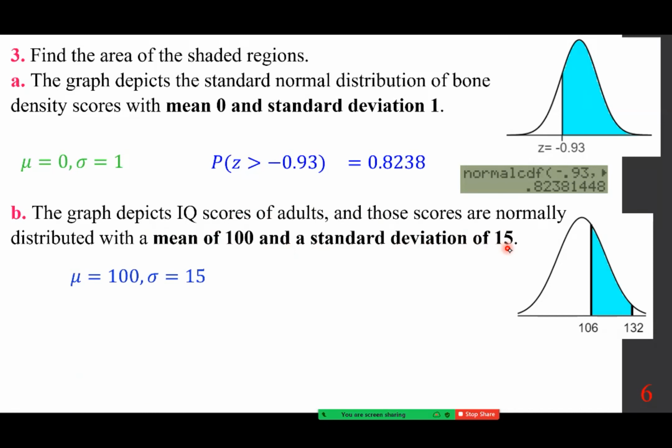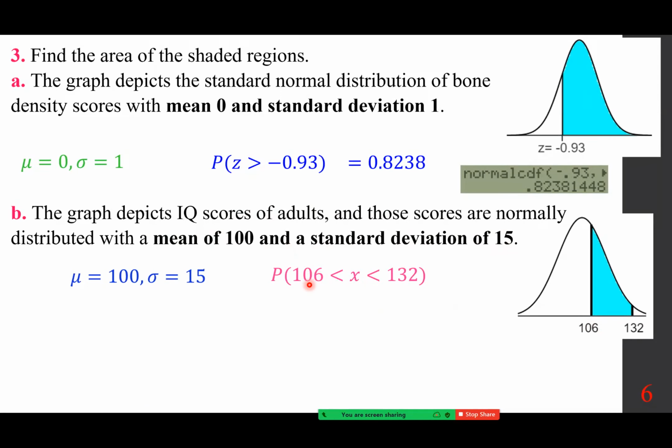Now, we want the probability of x being between these two numbers. Now, there are two ways to handle this. One is we can do it just the way it is, but the better course of action would be to go from normal distribution to standard normal distribution by finding the z-score. And remember, the z-score is x minus mu over sigma.